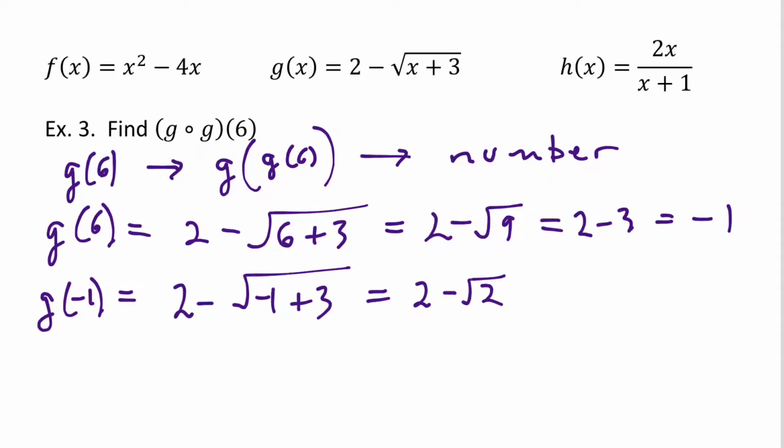So that's approximately equal to 2 minus roughly 1.4. So that's roughly 0.6 something or other, but this is the best way to leave it.